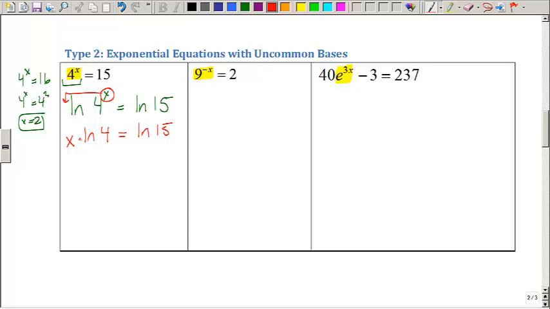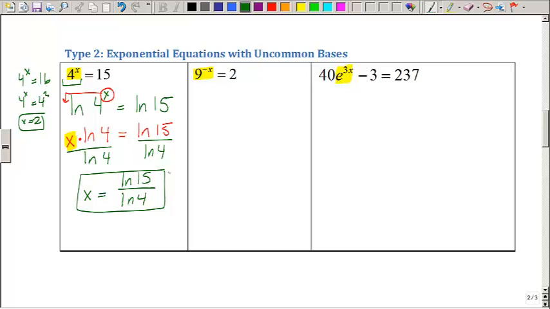Notice this is a multiply. In order to solve for my x now, I need to then undo the multiply by ln 4. The opposite of multiply is divide, so I divide both sides by ln 4. And my answer is x equals ln 15 over ln 4.